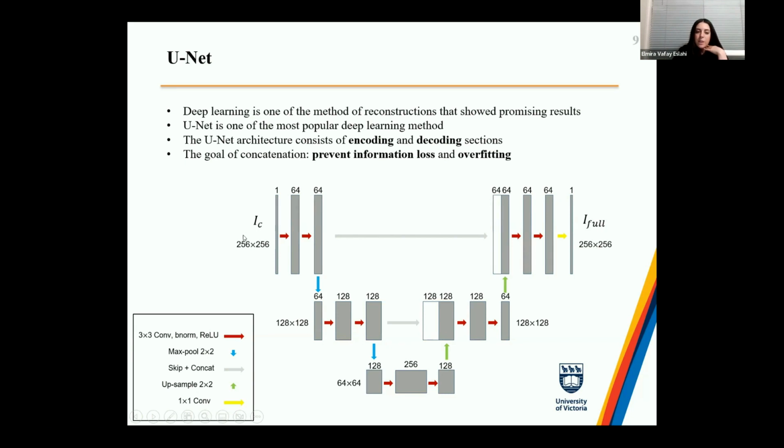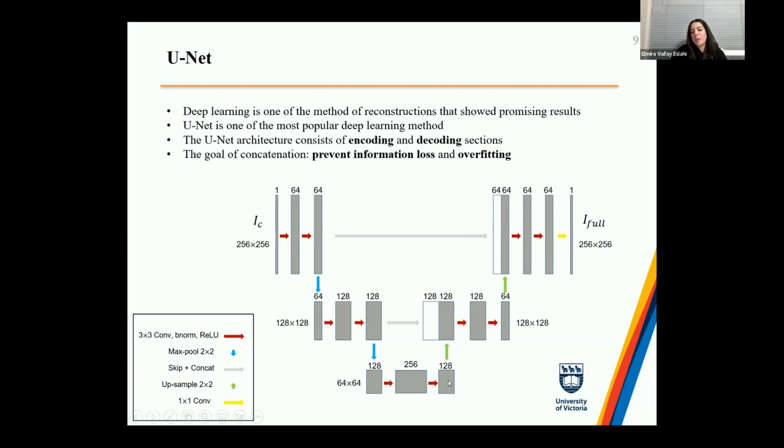The size of the image is 256 by 256, and then we apply 3x3 convolution, batch normalization, and ReLU activation function. And then we have our max pool 2x2, which halves the size of the image to 128 by 128, and it continues up here.